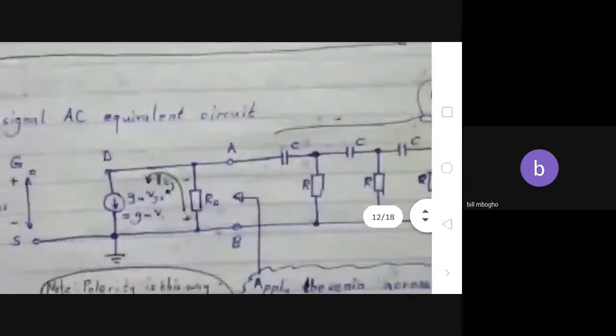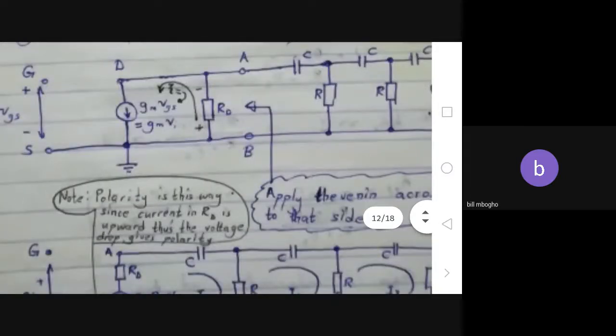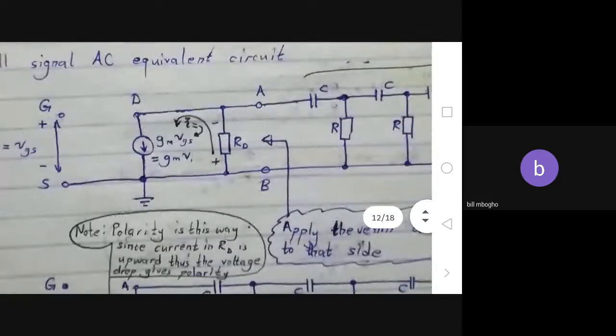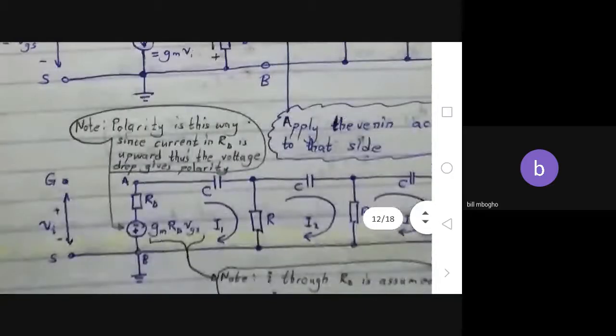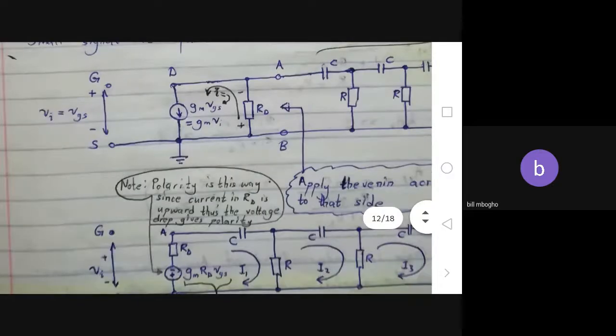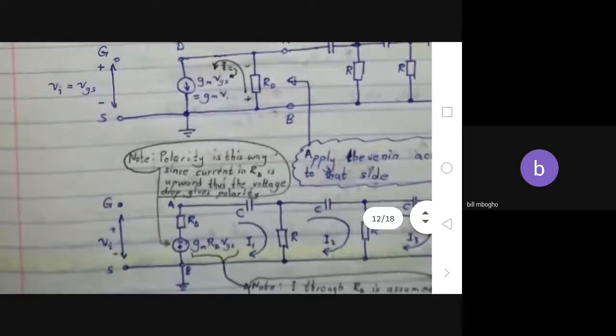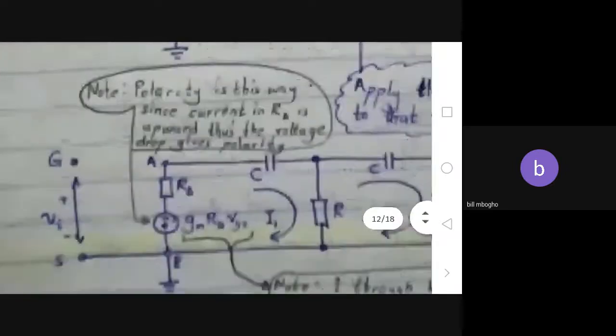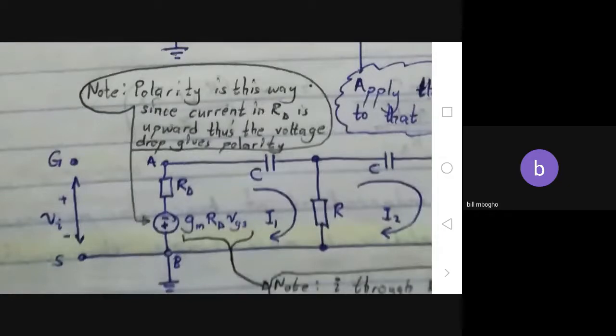So with that, from this part, I did the equivalent for the current source, the voltage source equivalent from a current source. So the gm VGS and RD become this. Then I've noted why the polarity is positive towards the ground: because of how the current through RD is going up.